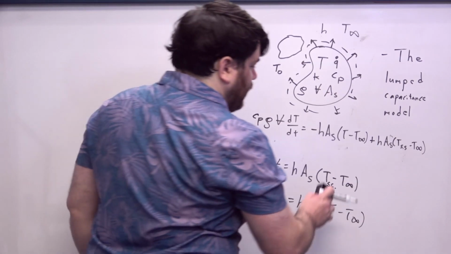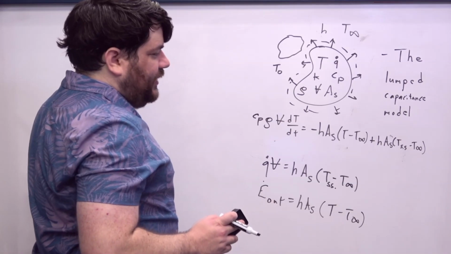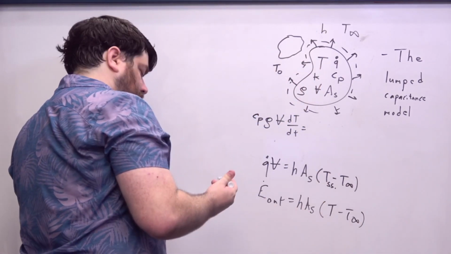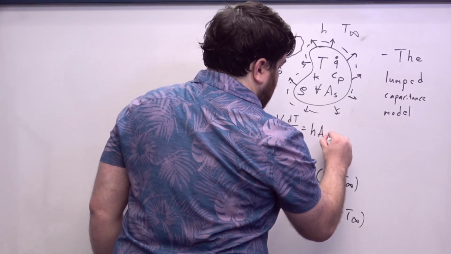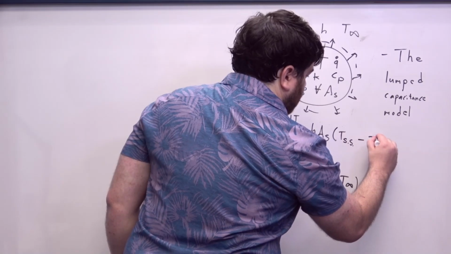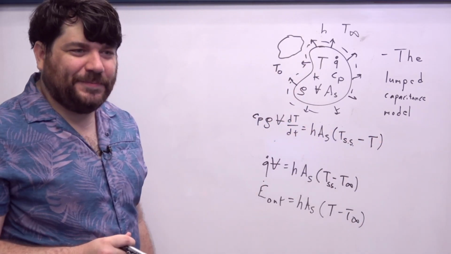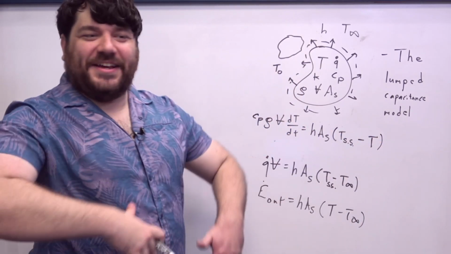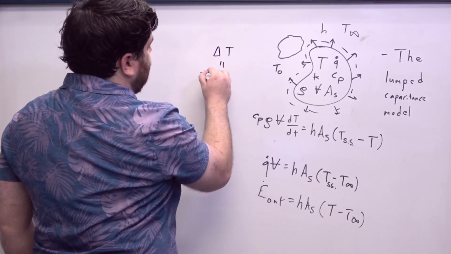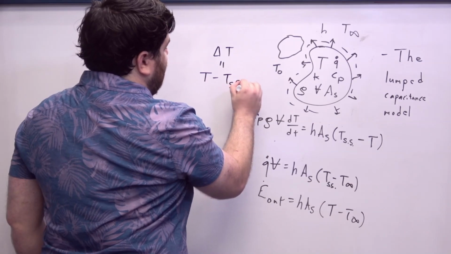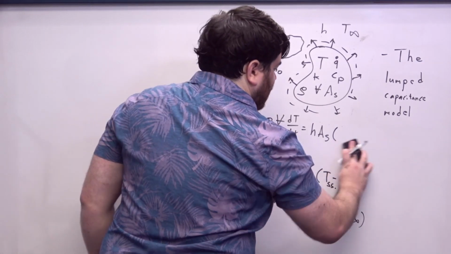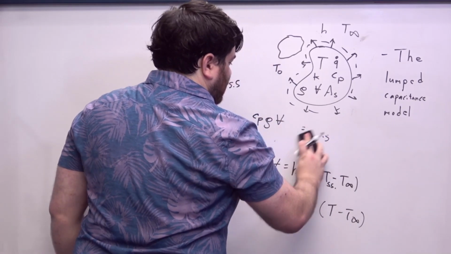And so what we're left with, if we try to analyze this, is hAs times the steady state temperature of the object minus its current temperature. And you can see that if we do the same thing where we just go and say, oh, well, delta T is just equal to the temperature minus the steady state temperature, the equation that we get from this is exactly the same one.